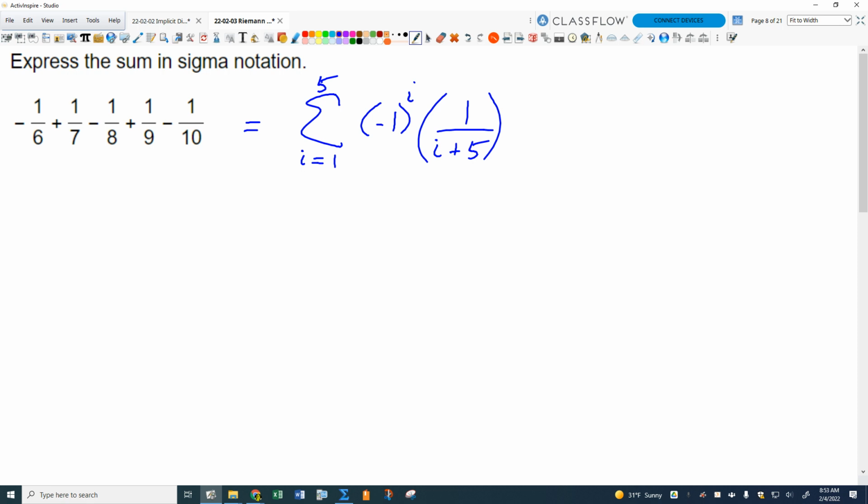Okay, I could have alternately done something like this, just to make a point here. I could have done the sum as k this time, so it's different from the top one. So k starts at 6 and goes to what then?